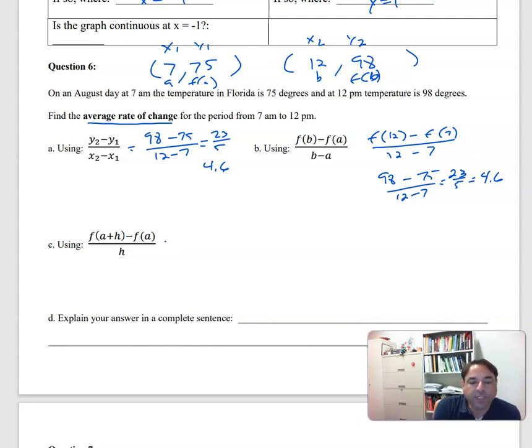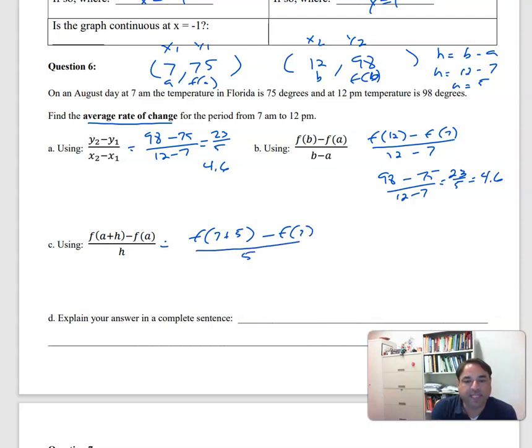Now the next one uses something called H. Remember, H is B minus A. So in this case, H would be B, 12, minus A, 7. So H would be 5. That represents 5 hours later. So the third one says F of A, 7, plus H, 5, minus F of A, 7, over H, which is 5. Basically, the idea is starting at 7 a.m., 5 hours later.